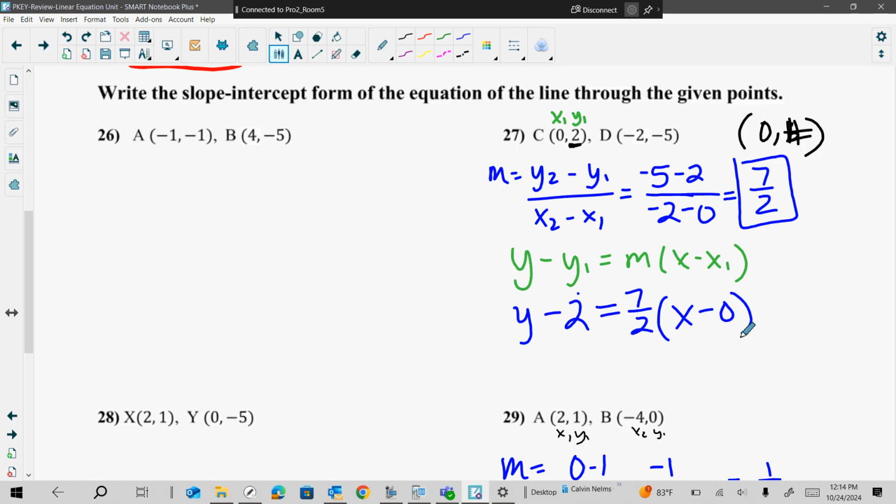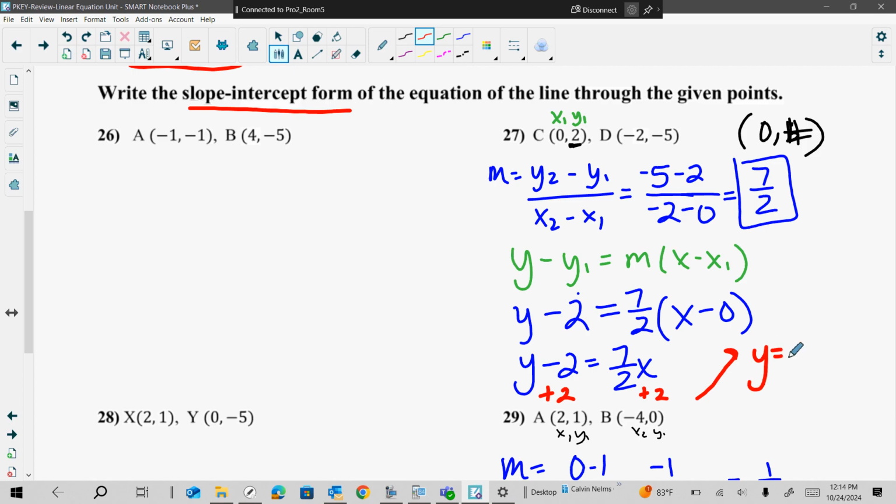Well, anything minus 0 is just x. So this is really saying y minus 2 equals 7/2x. We're solving for y. They want it in slope intercept form, so just add 2 to both sides. y equals 7/2x plus 2.